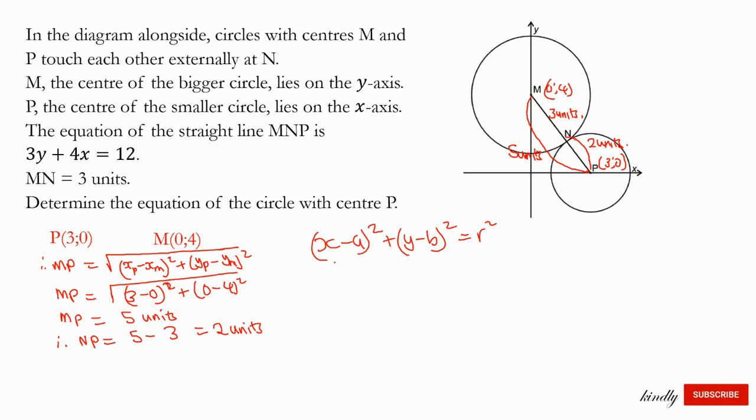So it's going to be (x minus 3) squared plus (y minus 0) squared, substituting these x and y coordinates, is equal to 2 squared. And then we can leave our equation like this, it's still fine. So this is the equation of this circle. This one is y squared, and then equal to 2 squared, or you write 4, still fine, same thing. So that's what you're supposed to do there.